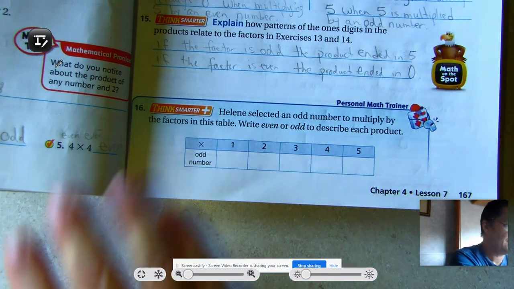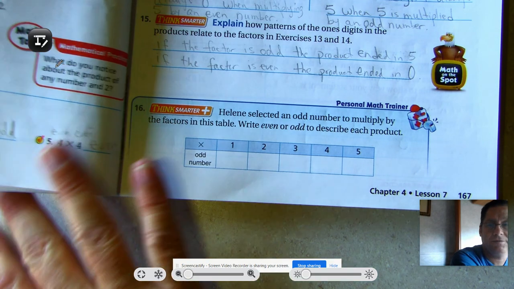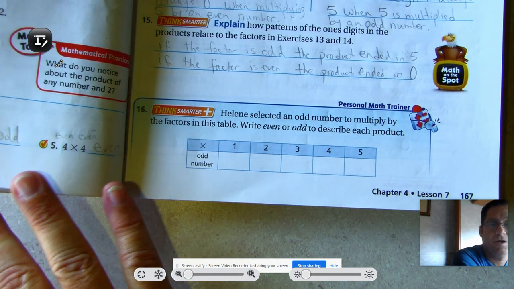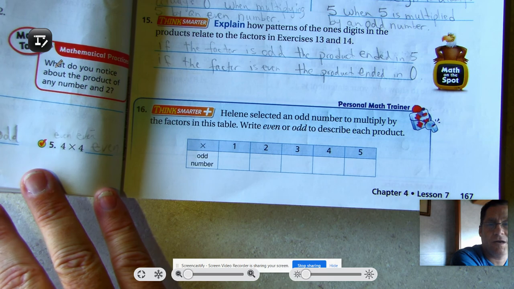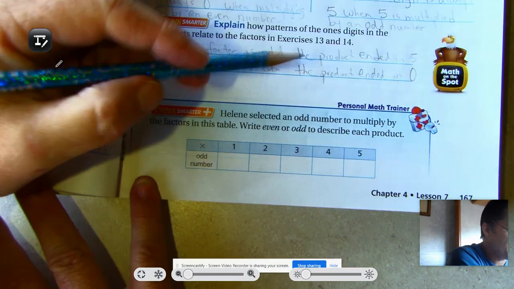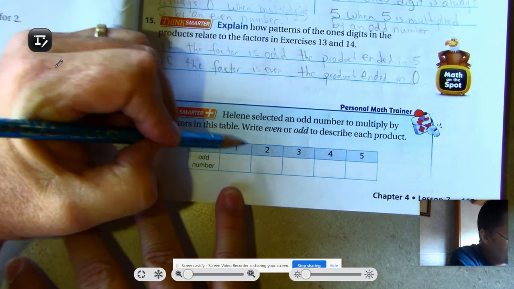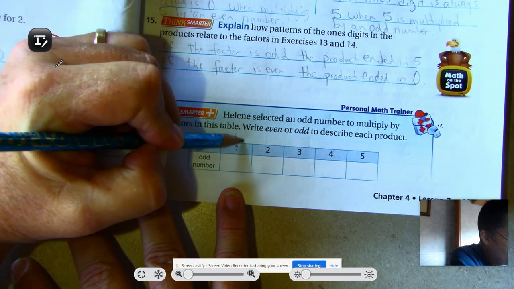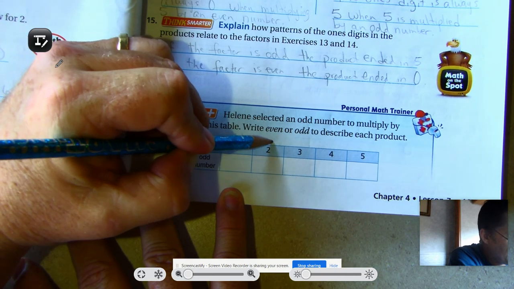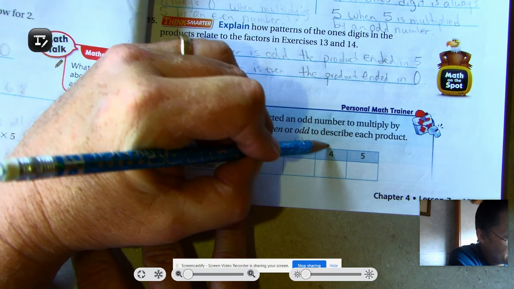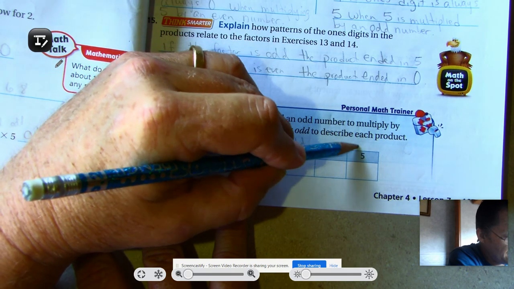All right. Helene selected an odd number to multiply by the factors in this table. Write even or odd to describe each product. So it doesn't matter what the odd number is. So here we can say that this is odd, even, odd, even, odd.